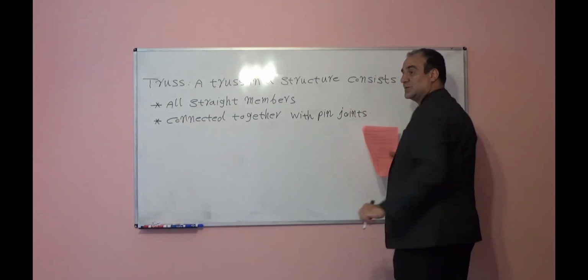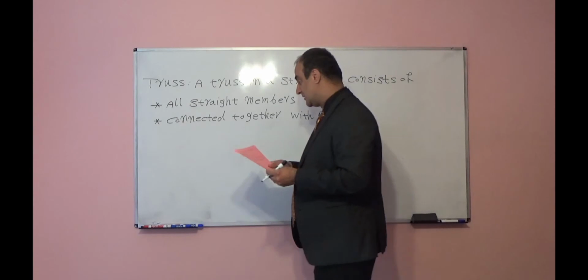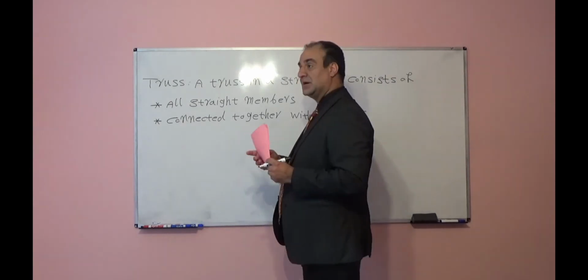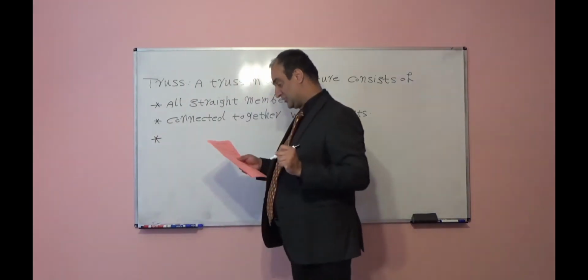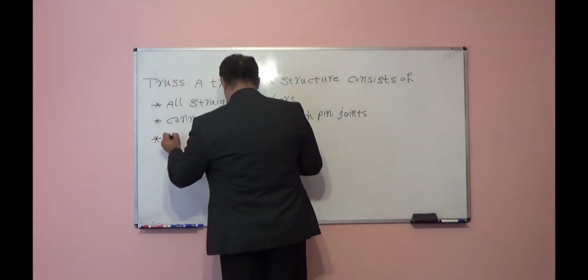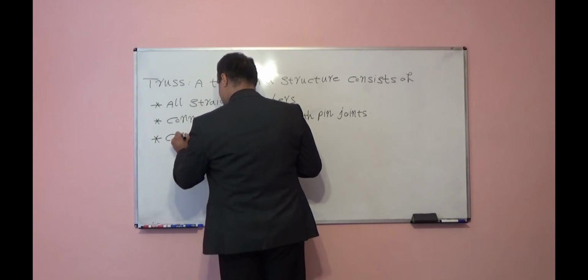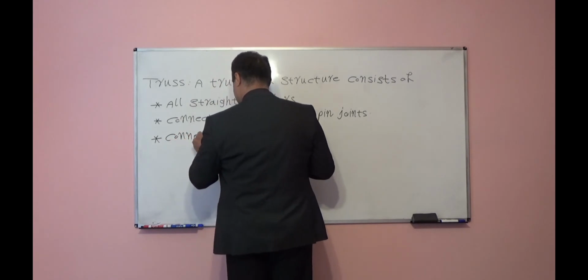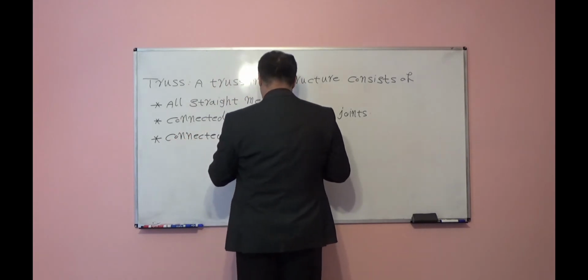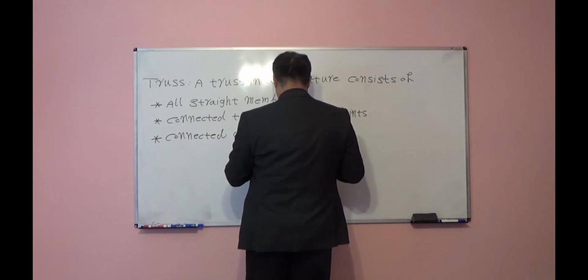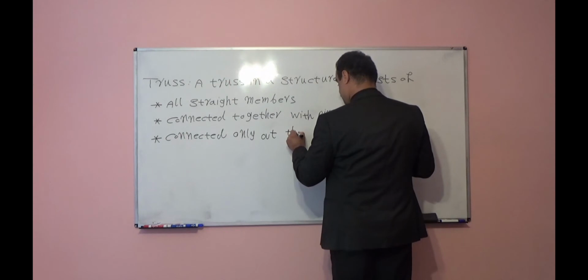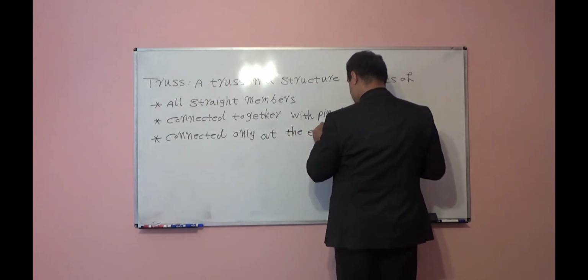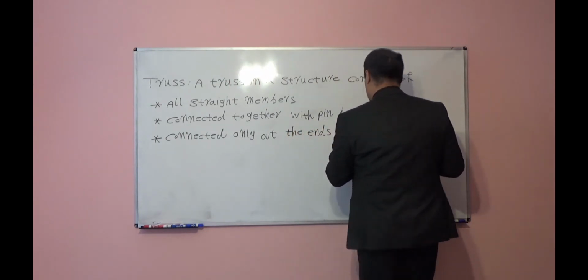So at the connections of the truss we don't have any internal moment, because they are pin and hinge and there is no reaction against the bending moment. Members are connected only at the ends of the members.